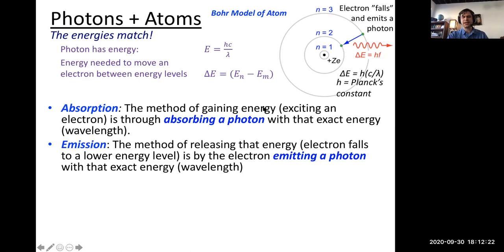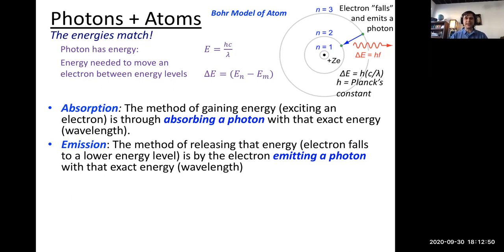Notice that in the absorption case, we would be gobbling up all the photons that have exact energies, creating a rainbow with specific wavelengths missing in an absorption spectrum. And with emission, as those electrons are moving back down and shooting off photons, pew, pew, pew, they're shooting off photons that only have very specific wavelengths that correspond to the energy level differences in the atom that you're talking about.